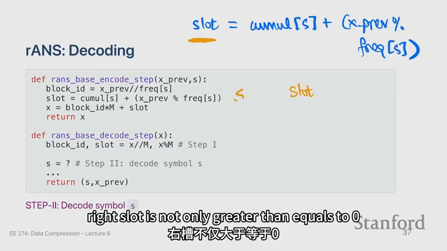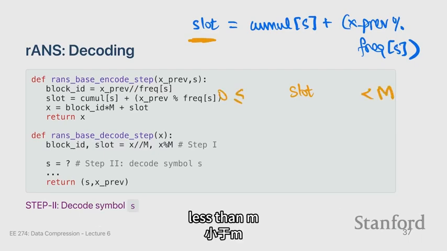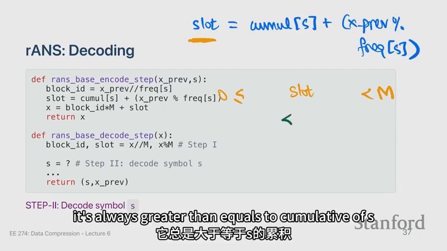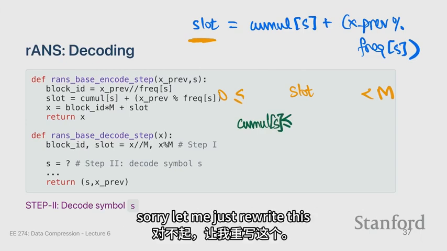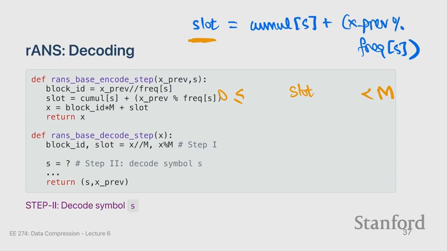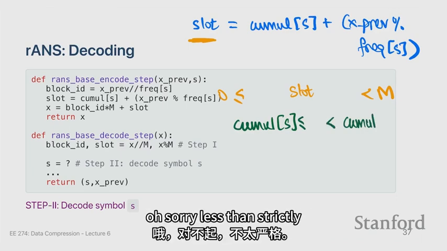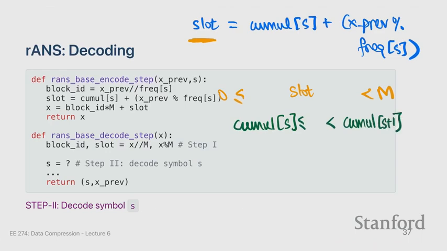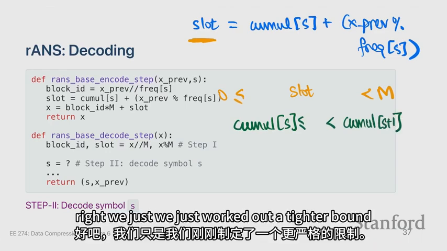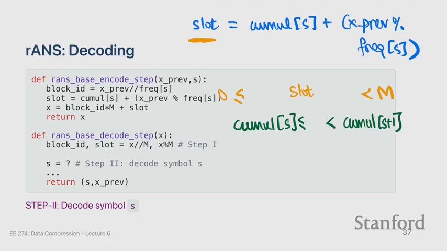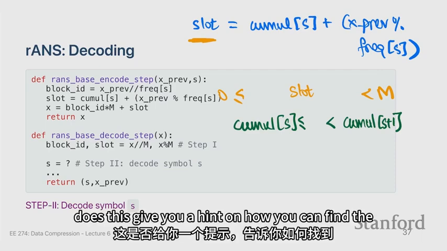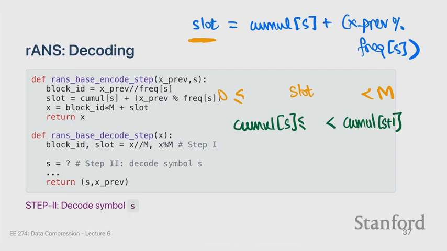Slot is not only greater than or equal to 0 and less than m, but it's actually always greater than or equal to cumulative of S. Sorry, let me just rewrite this. And strictly less than cumulative of S plus 1. Right? We just worked out a tighter bound. Does this give you a hint on how you can find the S?